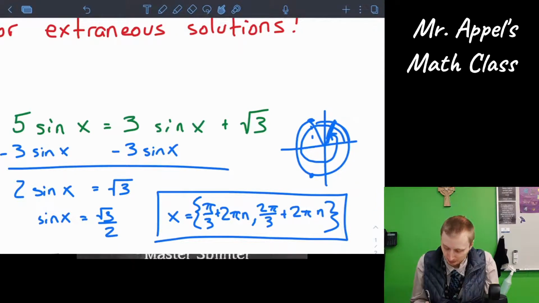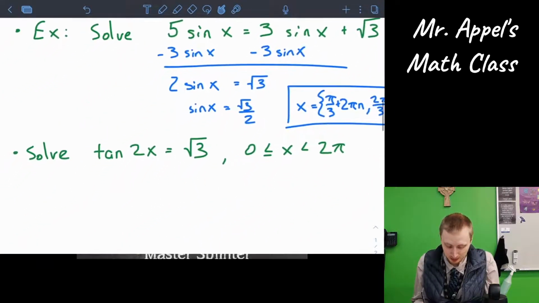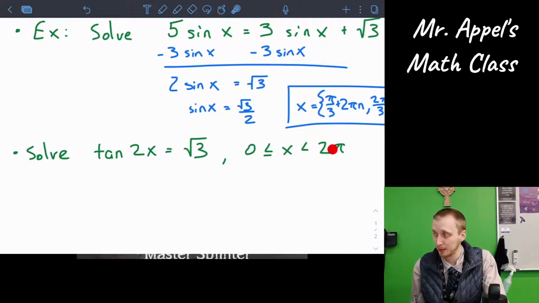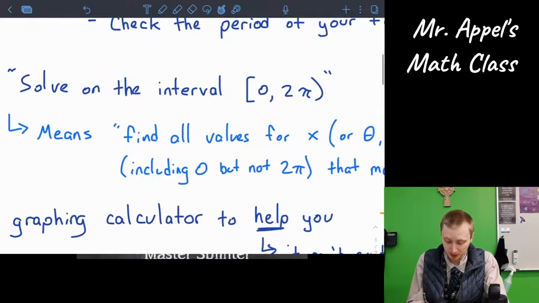Okay. The next example here says solve tangent of 2x equals square root of 3. Oh, wait. They've got a limiter here. X is between 0 and 2 pi. Okay, so same as that wording before, right? On the interval 0 to 2 pi.